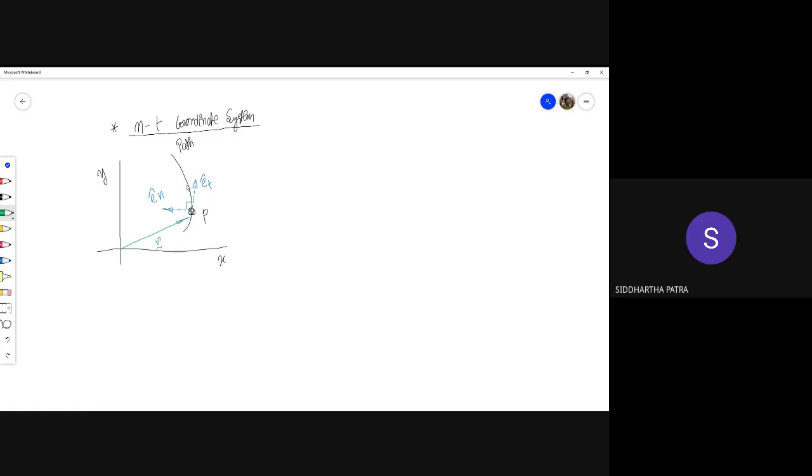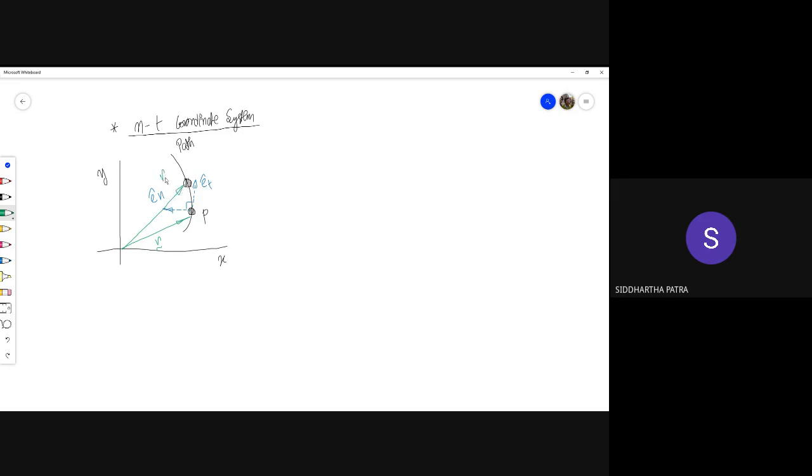And let's talk about another position of the particle after an interval of time delta t. It might seem like I'm doing the same exercise, which I am, but it is slightly different than what we did last time.